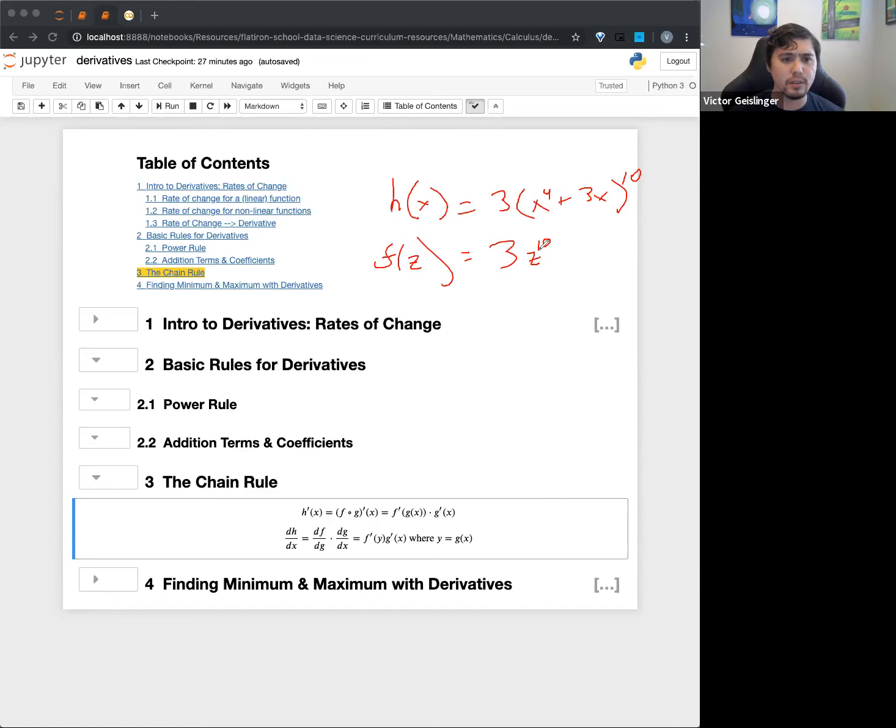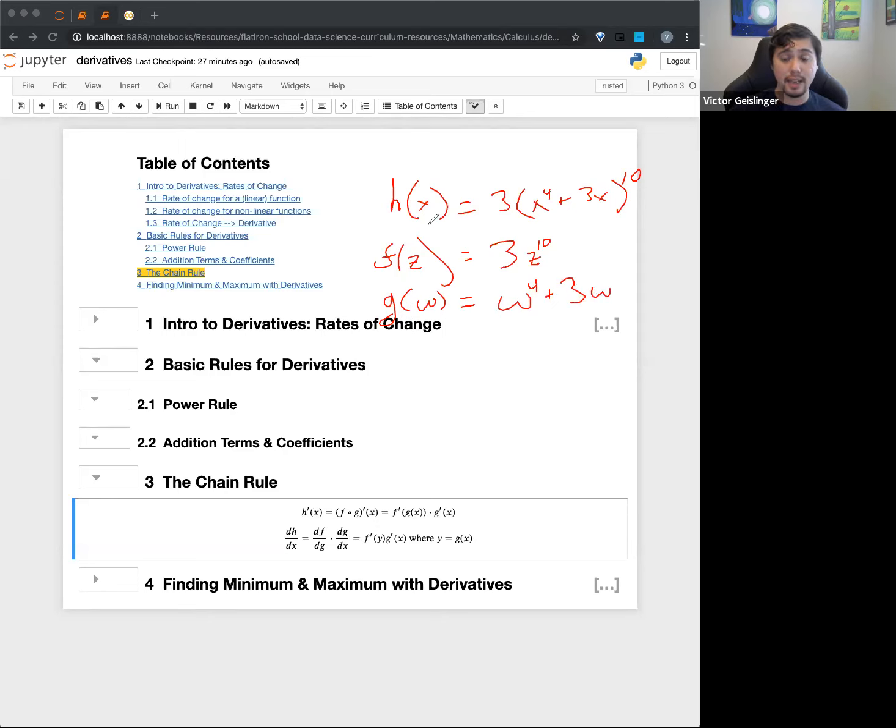Oh, okay, cool. So basically I can make this other function within the function, right? Okay. And then let's say g of w, I'm using different letters just to make it different, but it doesn't really matter what letter I use, right? I can say g of w is equal to w to the power of 4 plus 3w. Okay, and that's the inside part right here.